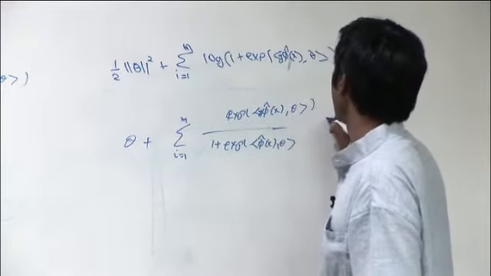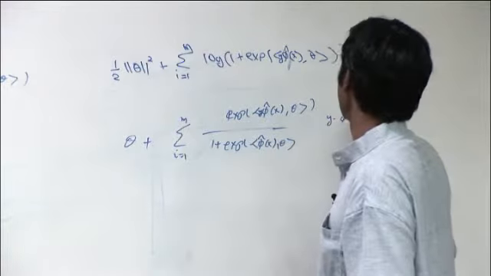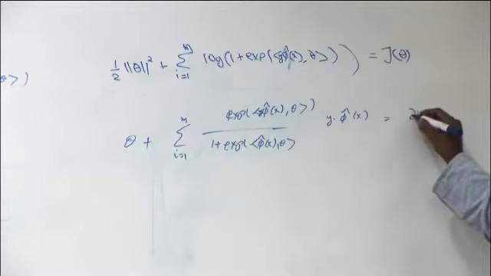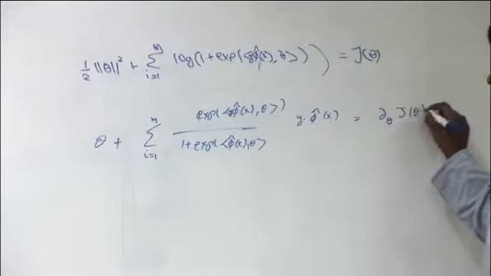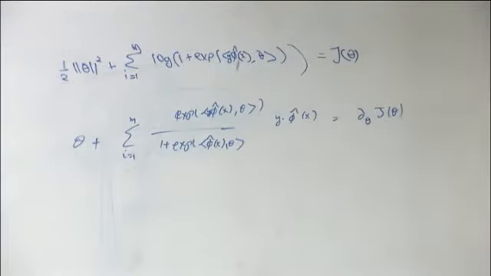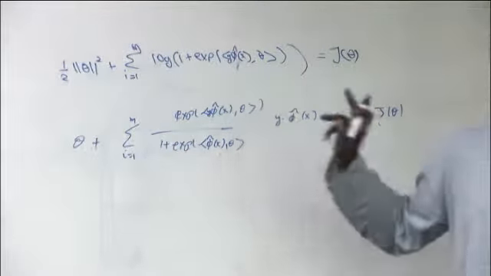Okay, times y times phi hat of x equals partial with respect to theta_j of J of theta. Just plain chain rule.